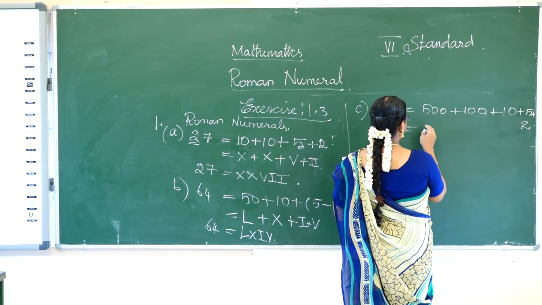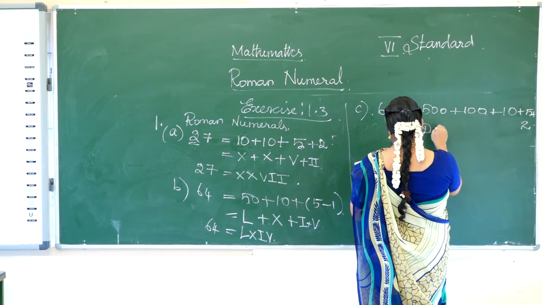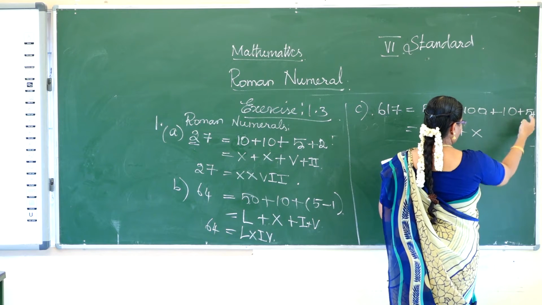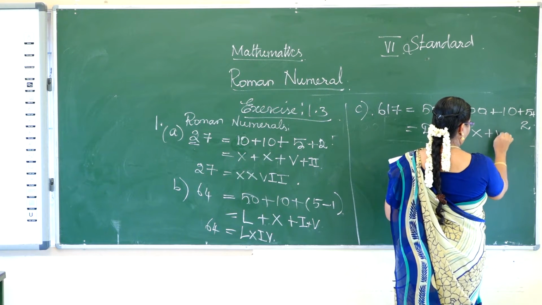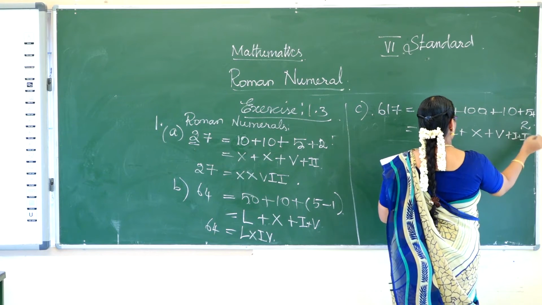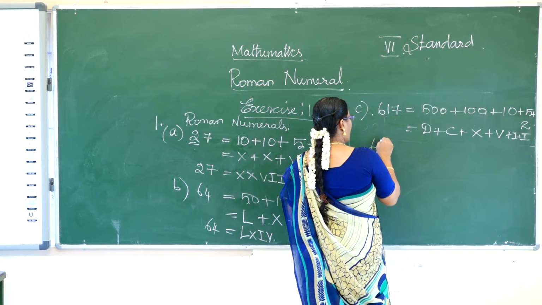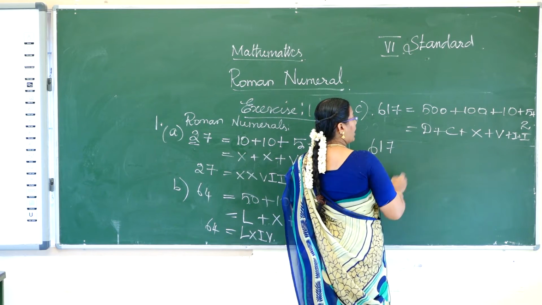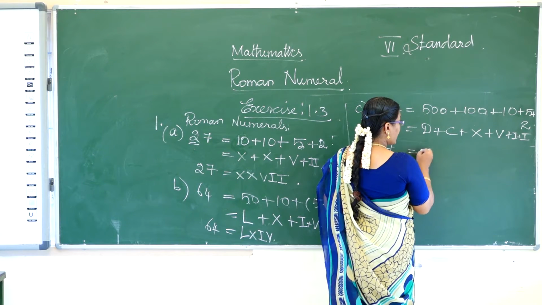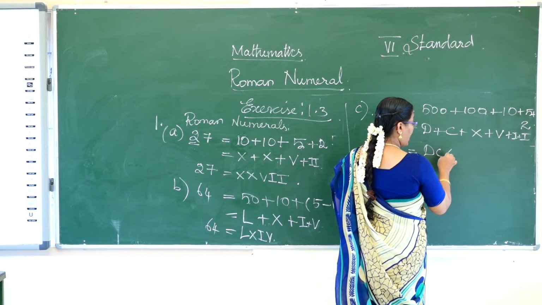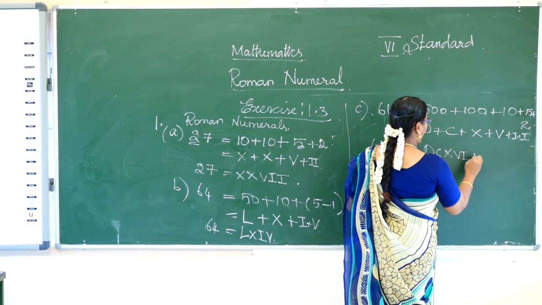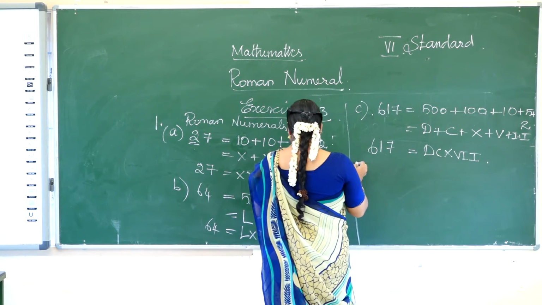So 500 is D, 100 is C, 10 means X, 5 is V, and 2 is two I's. So 617 written as a Roman numeral is D C X V I I.